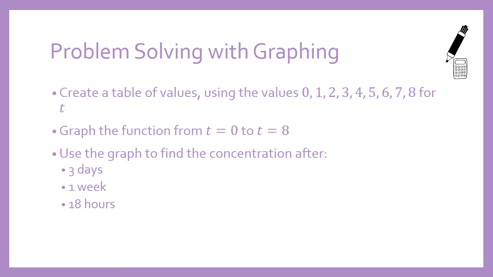So you're going to make a table of values with T and C and work out what your C values will be. Then I want you to use the graph to find the concentration after 3 days, after 1 week, and after 18 hours. So can you pause the video here and complete your table of values and your graph?